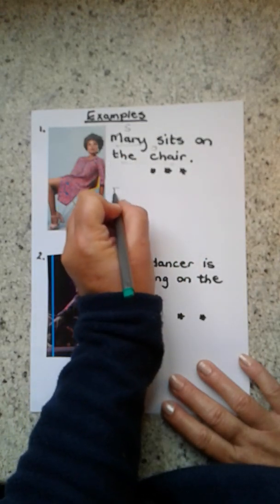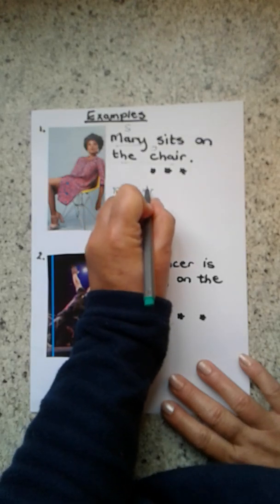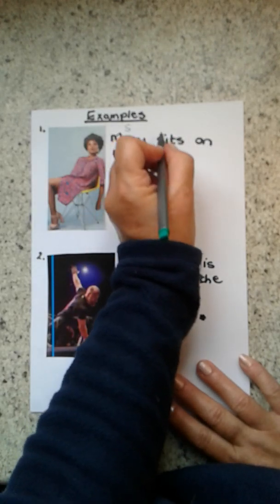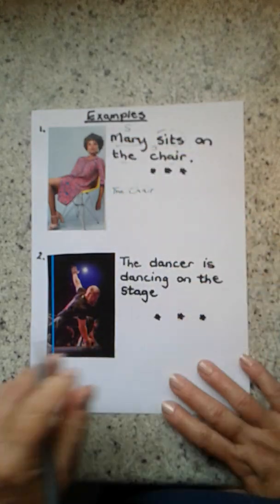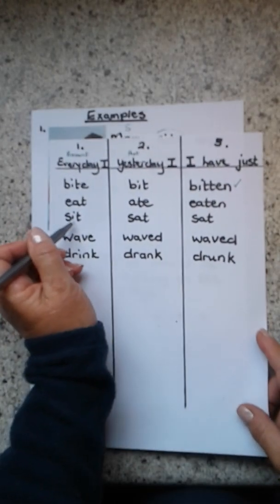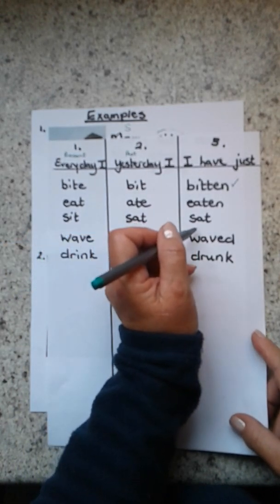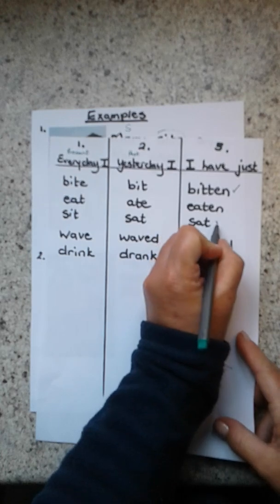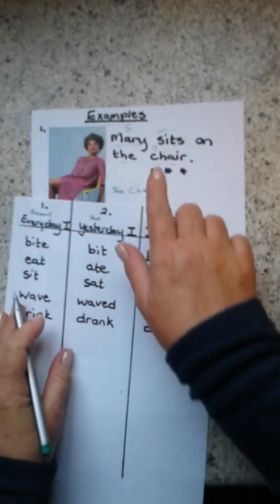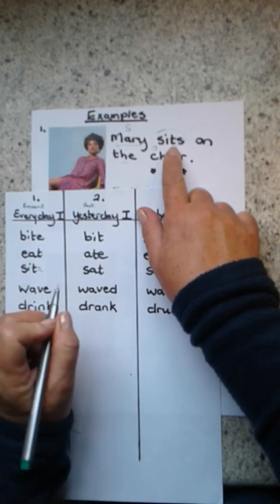So we will start with the chair. The chair, when or what is she doing? She sits on it. When is sits happening? Every day she sits. Yesterday she sat. She has just sat on the chair. So I will use that one, but I figured out that every day she sits, but they sit.